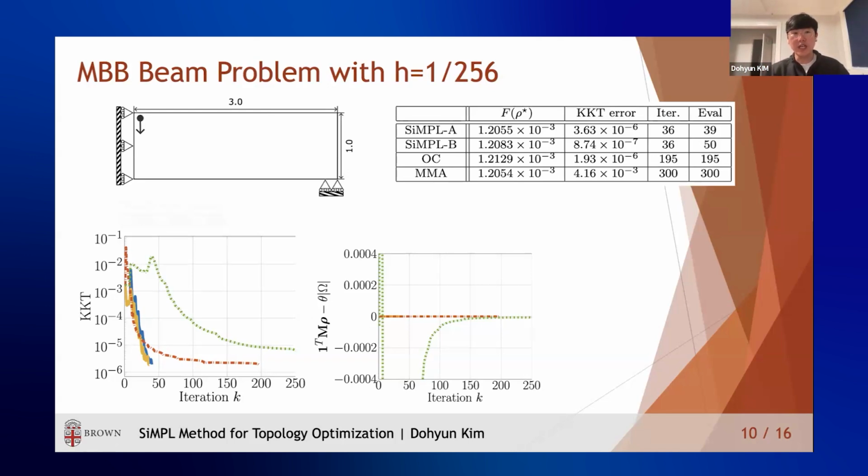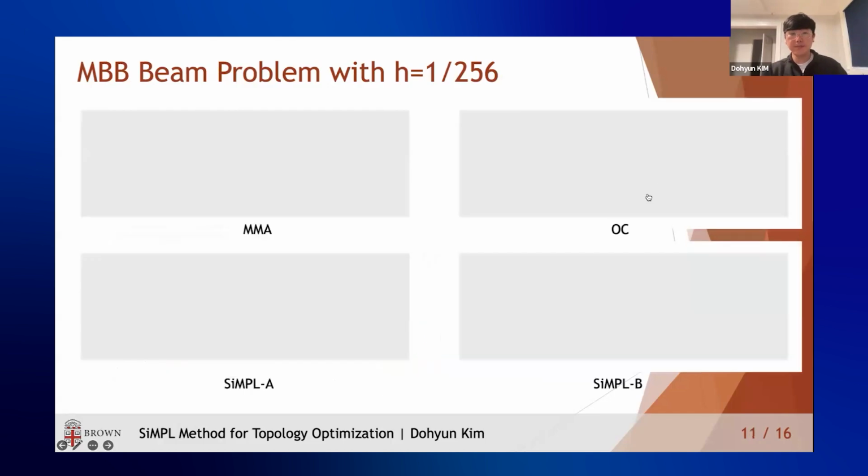You can see that the guided initial guess that we chose previously gives a very good step size, so we only have one or two failures during our optimization process. Simple B is a little bit more conservative, so it has more re-evaluations, but overall it still has a much smaller computation cost compared to the other two methods.